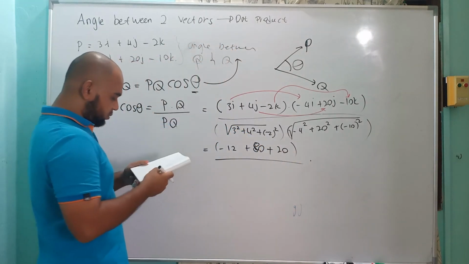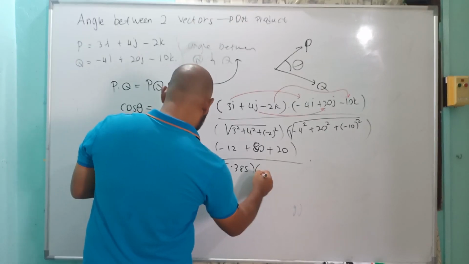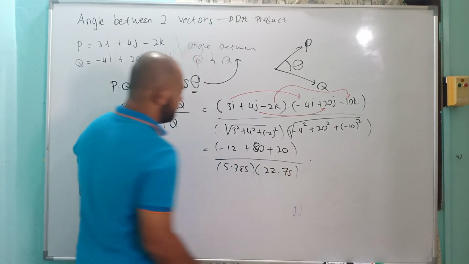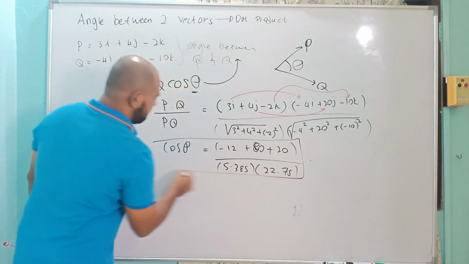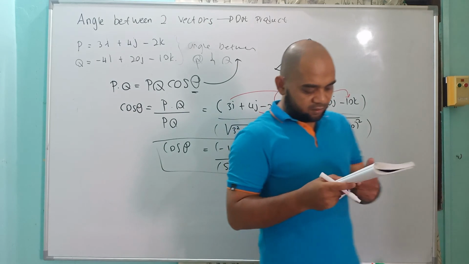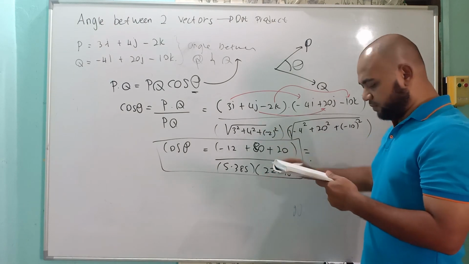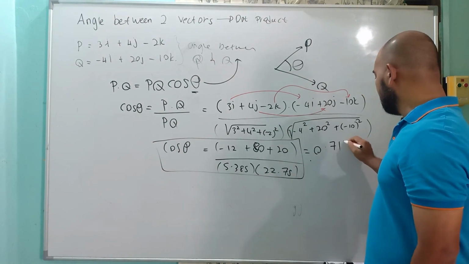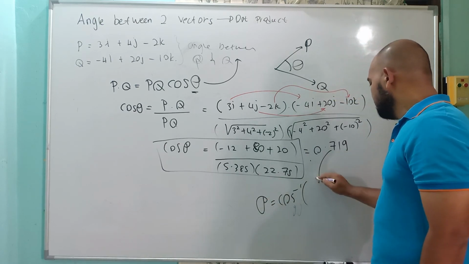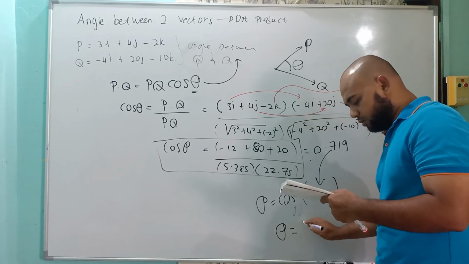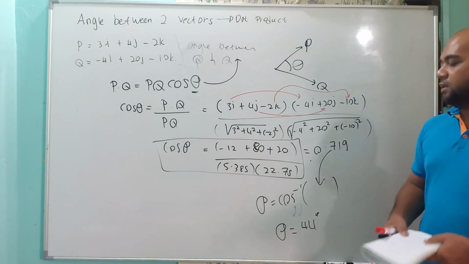Divided by 5.385 times 22.75. Okay, so cos theta equal to this, calculate, divided by these two, you have 0.719. So theta equal to cos minus 1 of this, you have theta equal to 44 degrees.